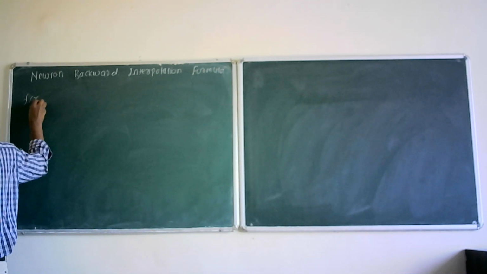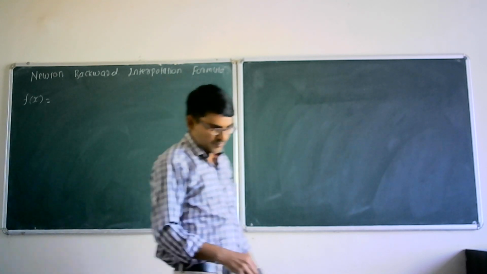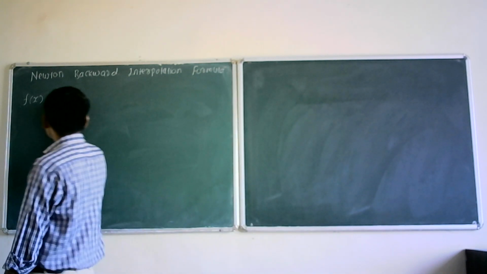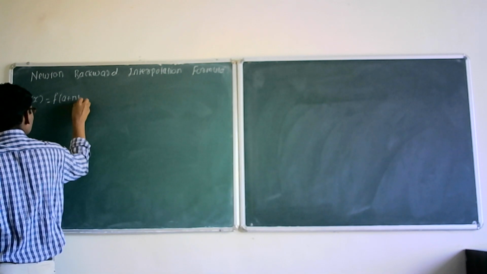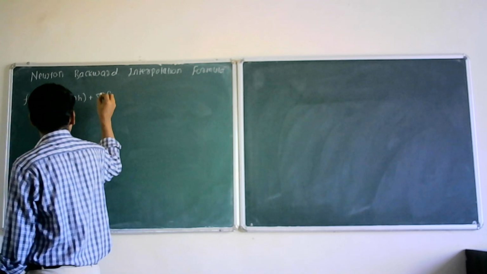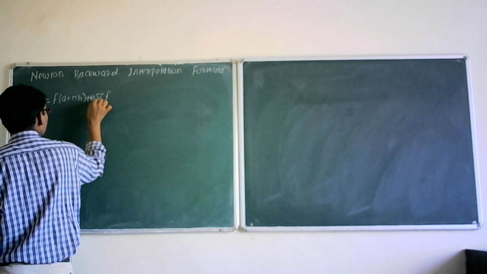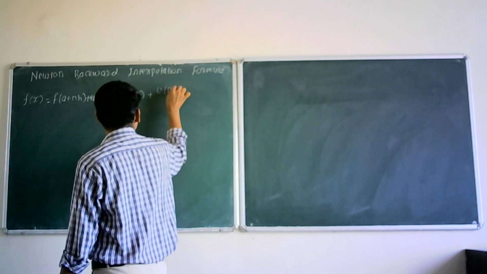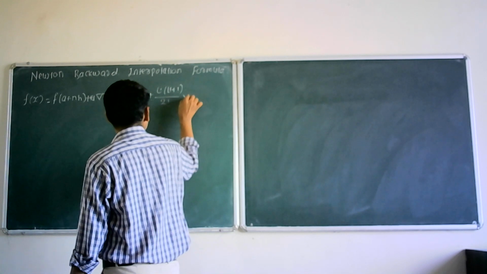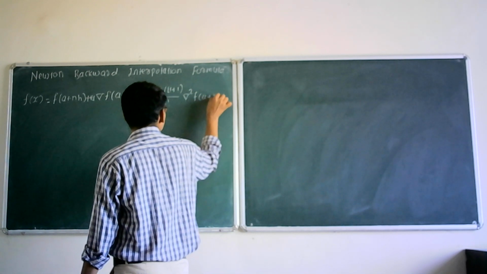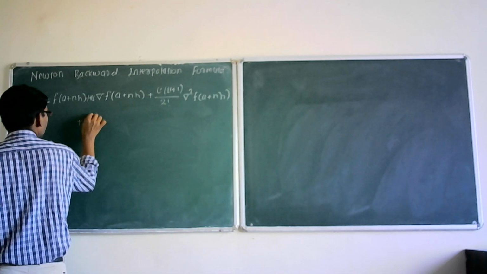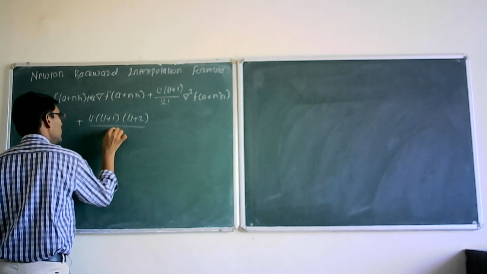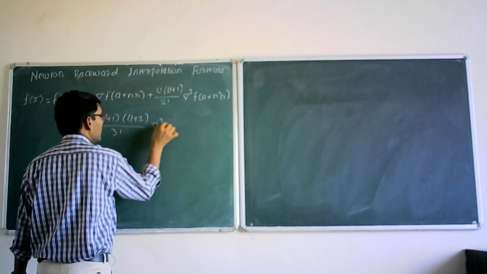f of x is equal to f of a plus nh, plus u into del f of a plus nh, plus u into u plus 1 divided by 2 factorial del square f of a plus nh, plus u into u plus 1 into u plus 2 divided by 3 factorial into del cube f of a plus nh.